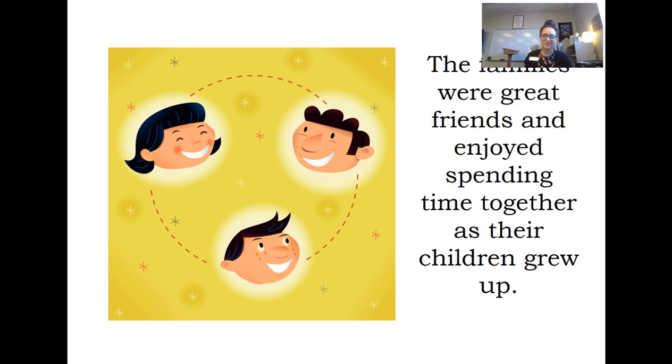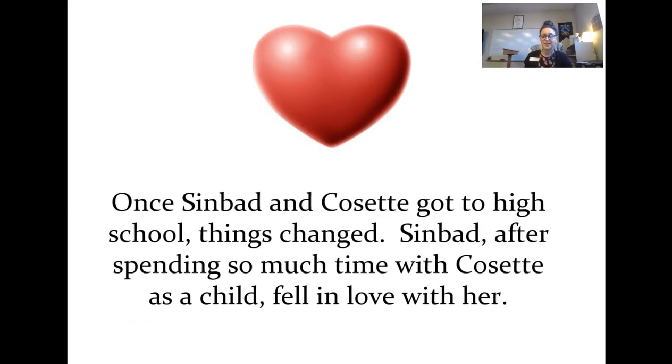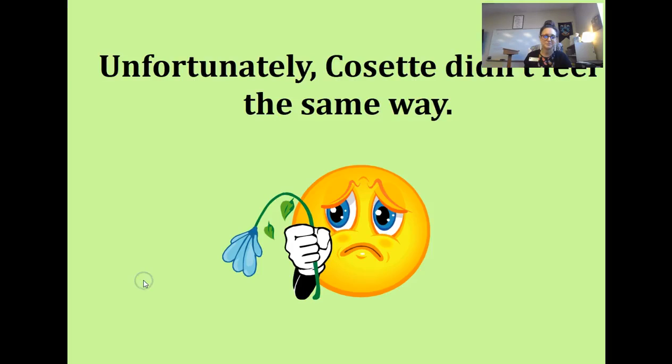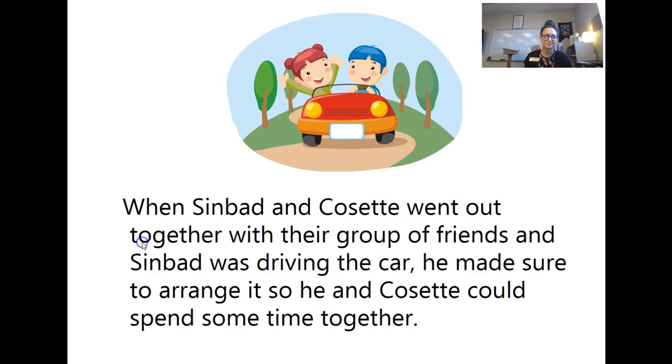These families were great friends and enjoyed spending time together as their children grew up. Once Sinbad and Cosette got to high school, things changed. Sinbad, after spending so much time with Cosette as a child, fell in love with her. Unfortunately, Cosette did not feel the same.